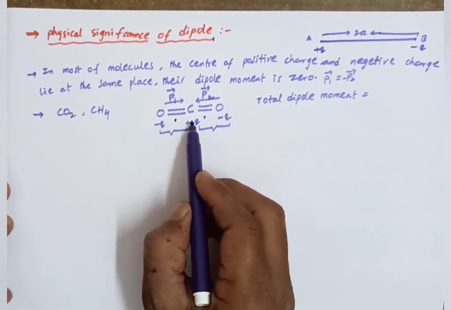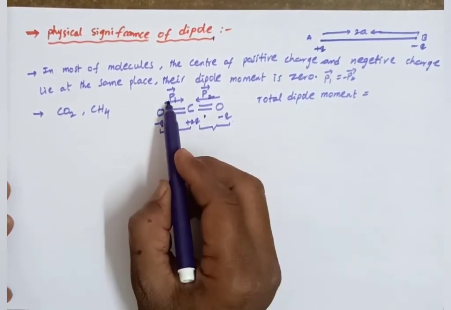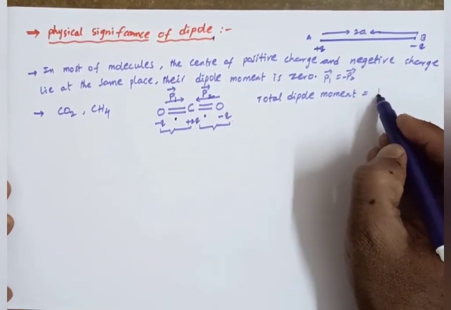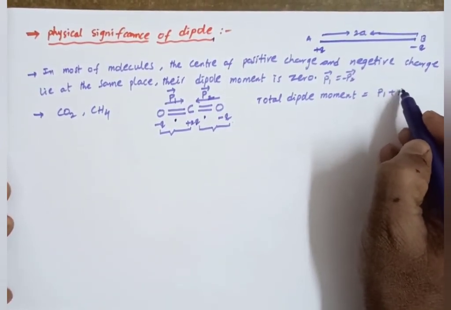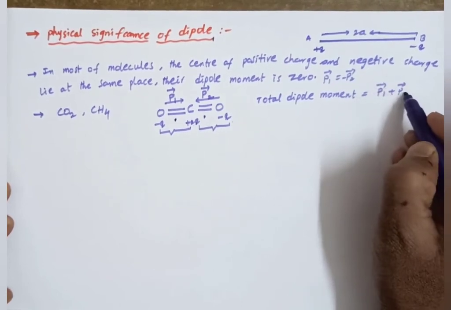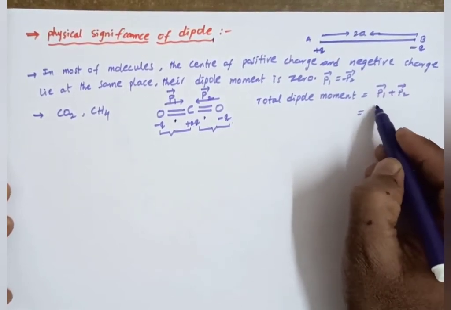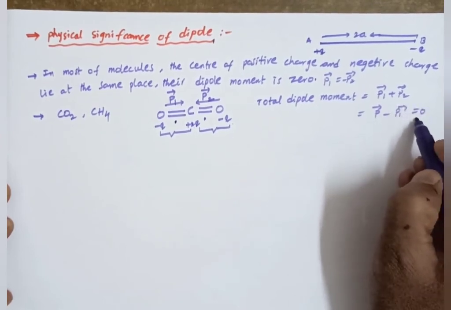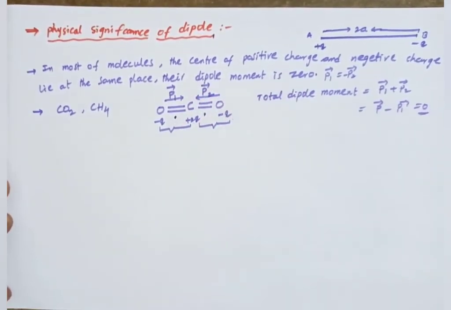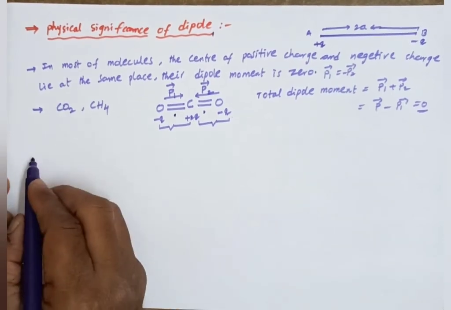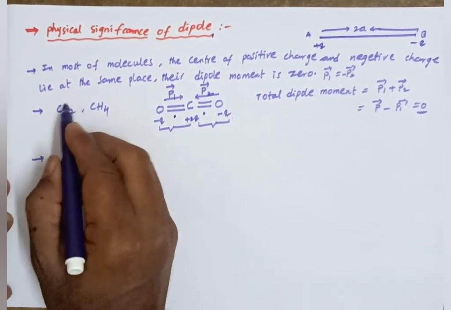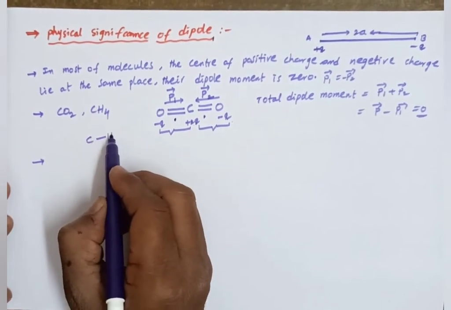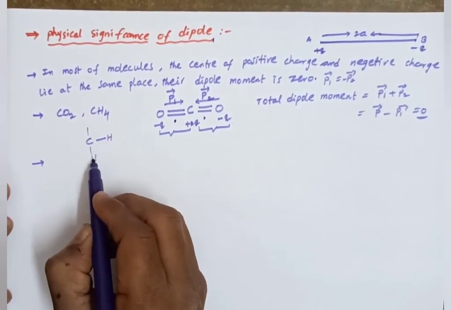The total dipole moment P1 plus P2 equals P1 bar minus P1 bar equals 0. The total dipole moment is 0. But here in carbon dioxide or another one, methane also. So here it is methane.